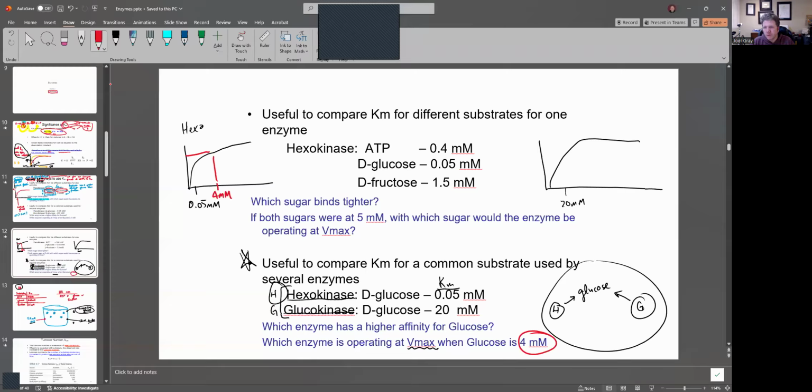Then on my other graph for glucokinase, 4 would be right about here. And so I'm right here, boom. Okay, that is considerably less than half of Vmax. Because if this is Vmax divided by 2, I'm right here, so I'm lower than that. Could you give me a 9 in the chat if that makes sense?